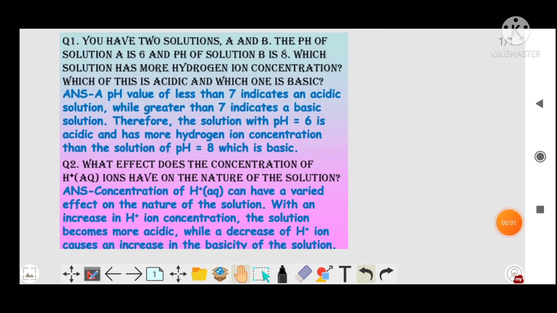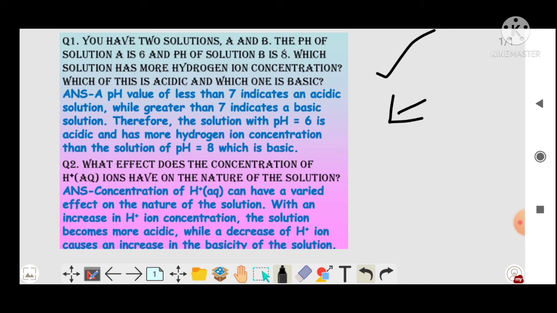Okay, you have two solutions A and B. The pH of solution A is 6 and the pH of solution B is 8. Which solution has more hydrogen ion concentration, and which of these is acidic and which is basic? We all know that a pH less than 7 is acidic. So the pH of solution A is 6, so this is acidic.